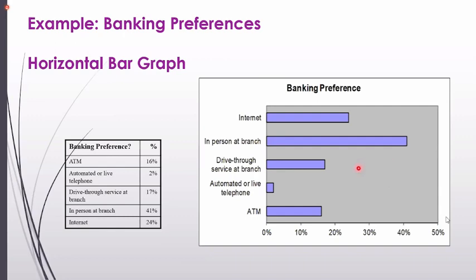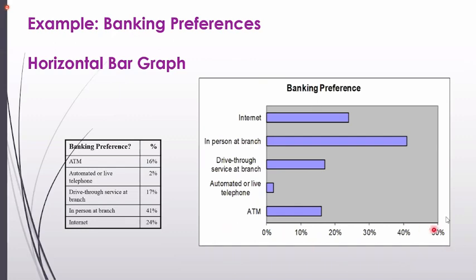So when we are having the bar chart with horizontal bars, we have to take the scales the other way around, right? In the vertical axis, we are taking the categories, and in the horizontal axis, we are taking the scales.